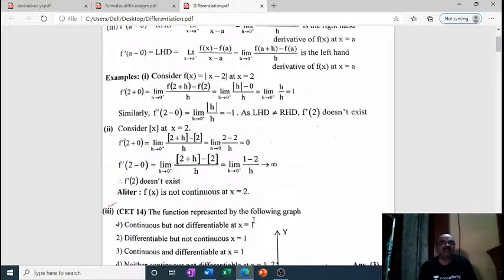Similarly, f dash of 2 minus 0, limit h tends to 0, 2 plus h minus 2 by h. It is 1 minus 2, 1 minus 2 is minus 1 by 0, which is infinity. So f dash of 2 does not exist. So what can we say? F of x is not continuous at x equal to 2.